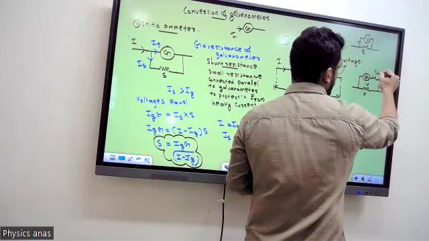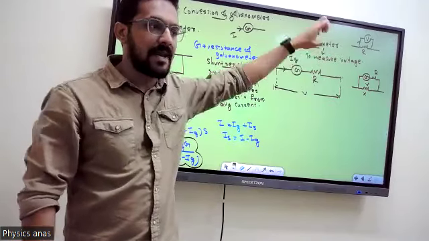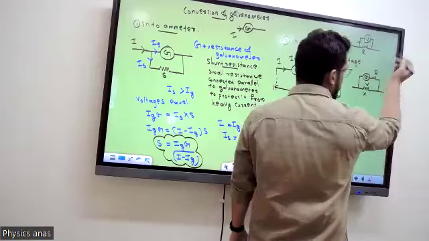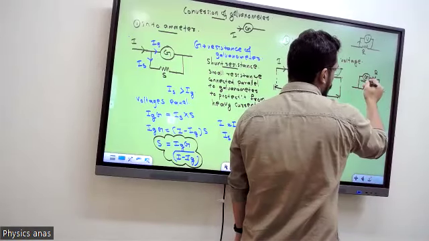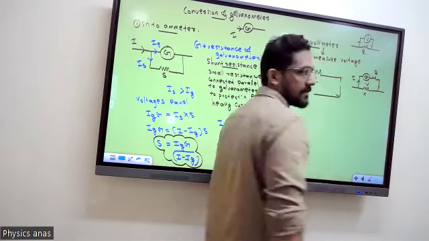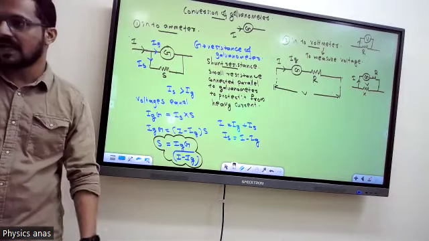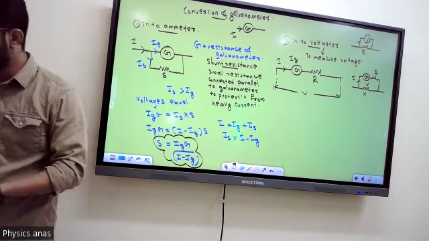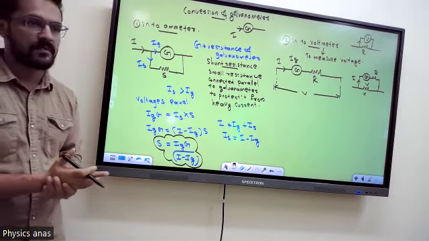So you are connecting the galvanometer and the large resistance in a setup like this, in parallel. Most of the current will be passing through the resistance, and a very small amount of current will be passing through the galvanometer and the large resistance. So the galvanometer will be protected. It will not happen anything.